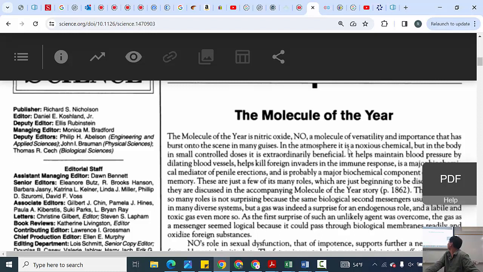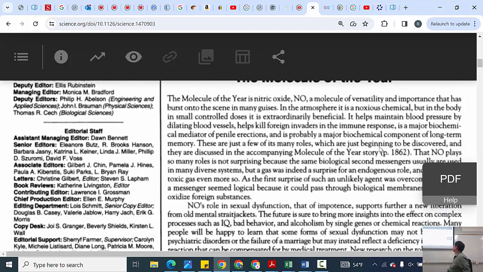In the atmosphere, it is a noxious chemical. Noxious, this is one of the things that contributes to smog. But in the body, in small controlled doses, it is extraordinarily beneficial. It's extraordinarily beneficial for blood flow and for immune response. It helps kill foreign invaders. It dilates blood vessels.